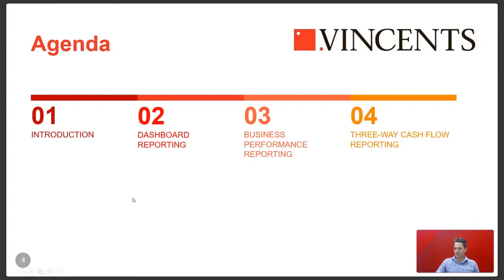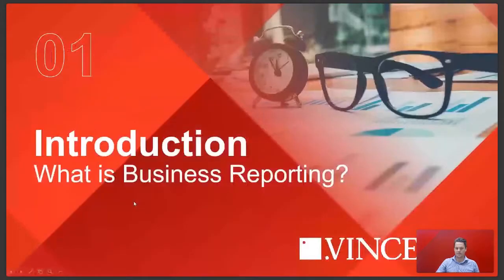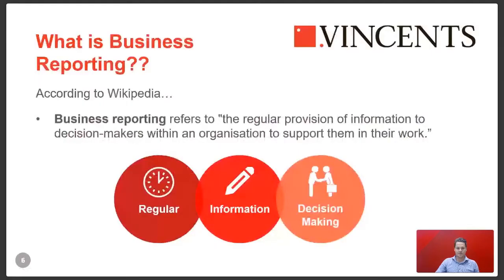Okay, so let's discuss quickly what is business reporting. According to Wikipedia, business reporting refers to the regular provision of information to decision makers within an organization to support them in their work. I think this definition is spot on.